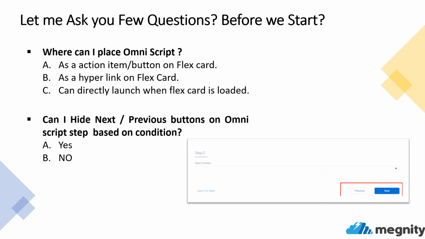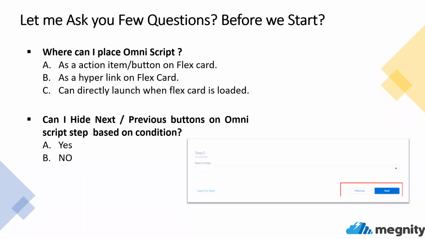So can I hide the next and previous buttons on an OmniScript based on a condition? Yes. Are you sure? No. Based on conditions, we can't hide the previous and next buttons. If you want, you can hide them permanently; if you don't want, you can leave them.